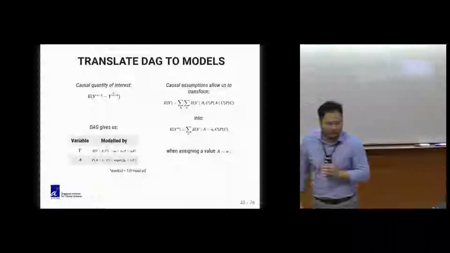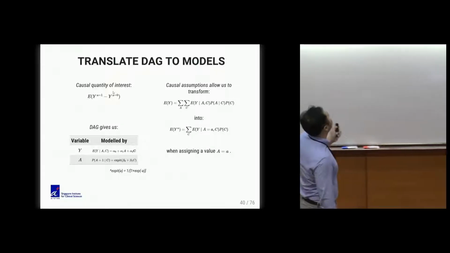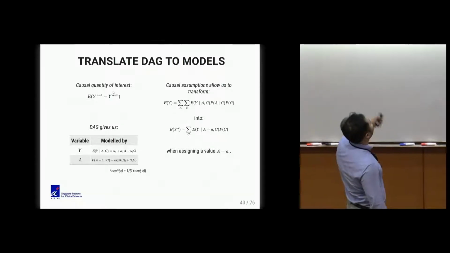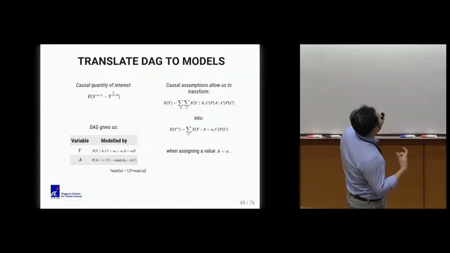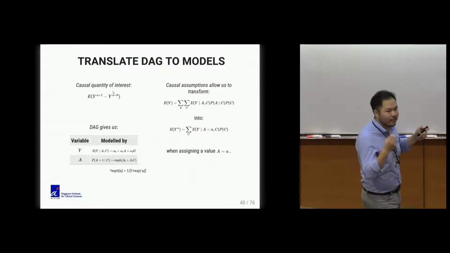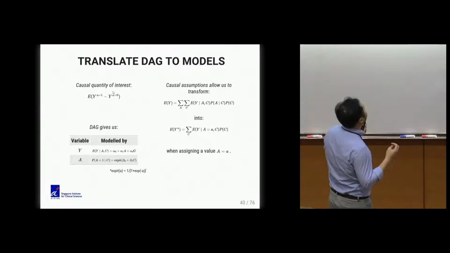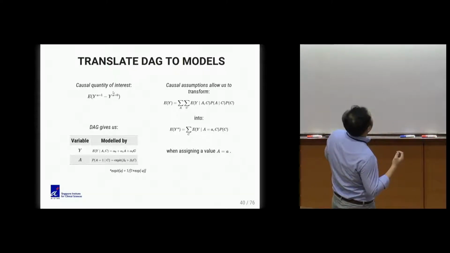So far, so good? All right. So that gives us the conditional probabilities and means, and we use our assumptions about exchangeability, consistency, positivity to change the sum of the mean of Y given A and C times the probability of A given C times the probability of C into an expression about the potential outcomes.